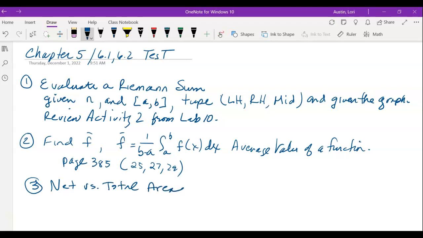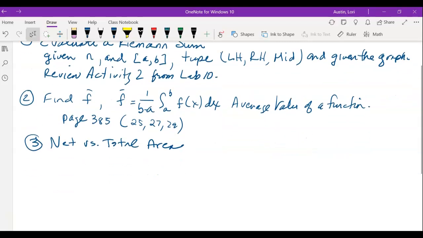I will give you a problem, 25, 27, 29. So I'm going to give you a problem to make sure you fully understand the net versus total area.